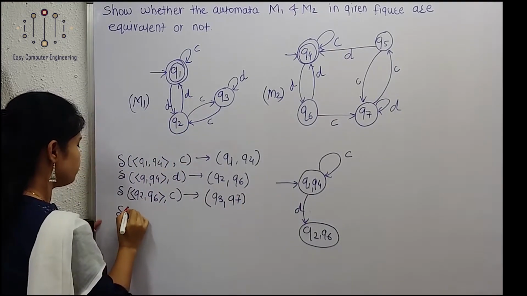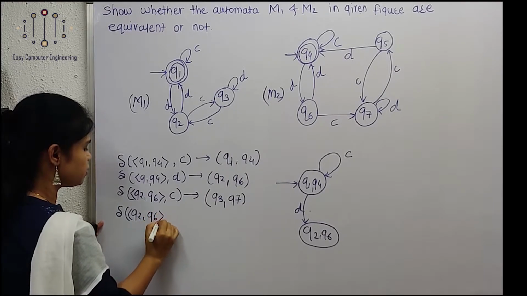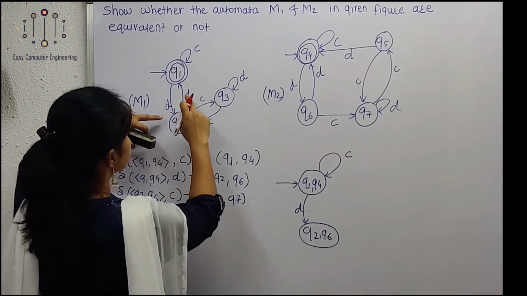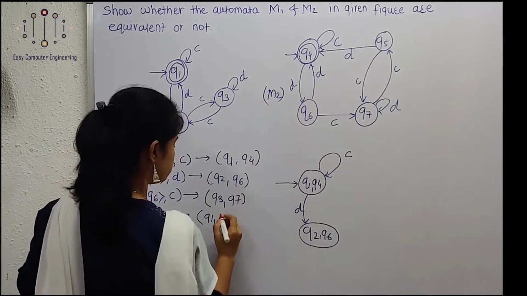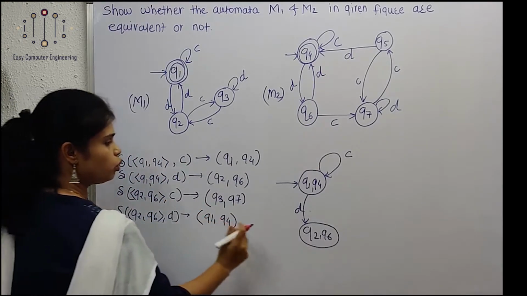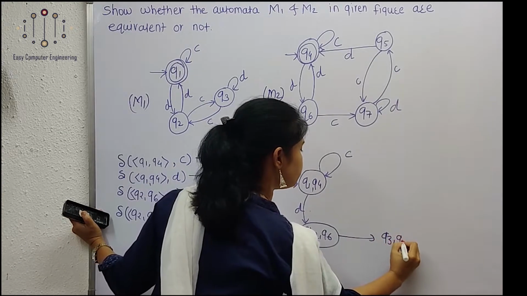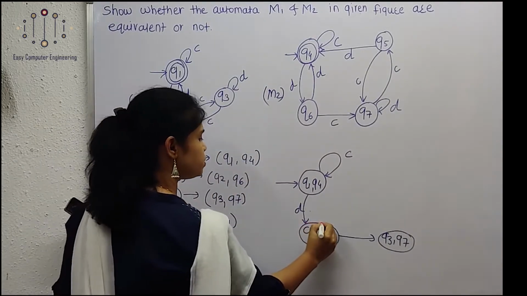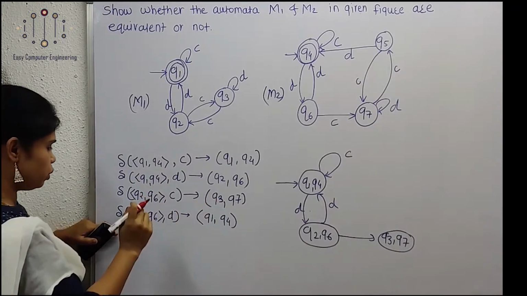Again for Q2, Q6 on D: from Q2 on D it is Q1, and from Q6 on D it is Q4, which is already present. So from Q2, Q6 the C transition is Q3, Q7, and the D transition goes to the state that is already there.